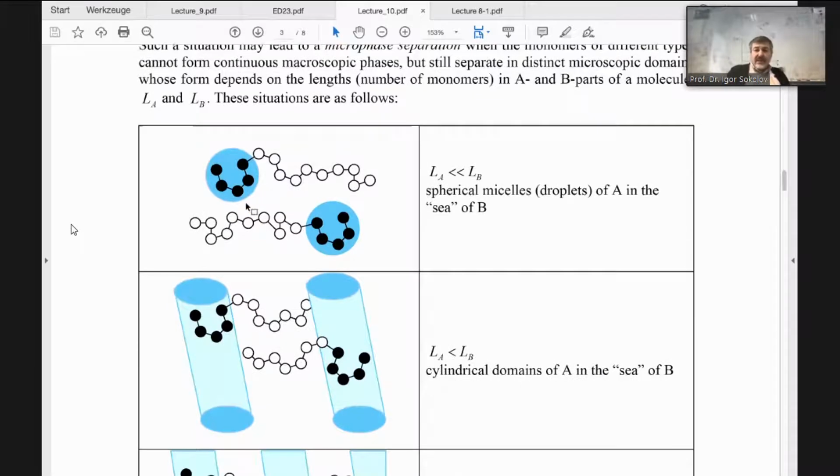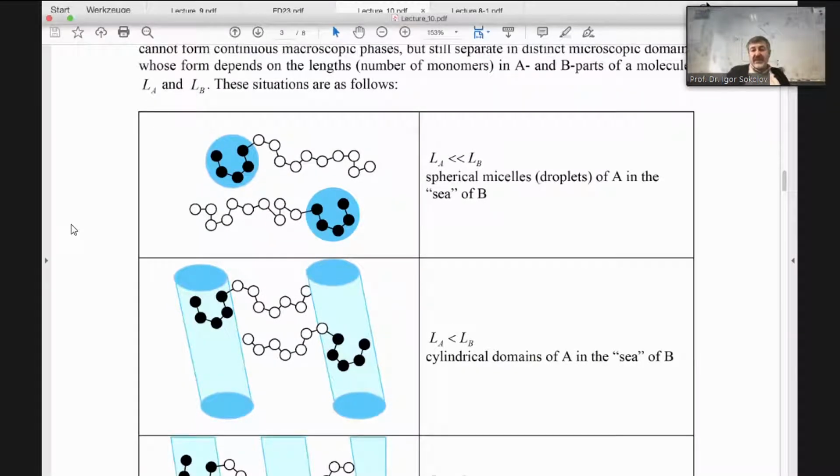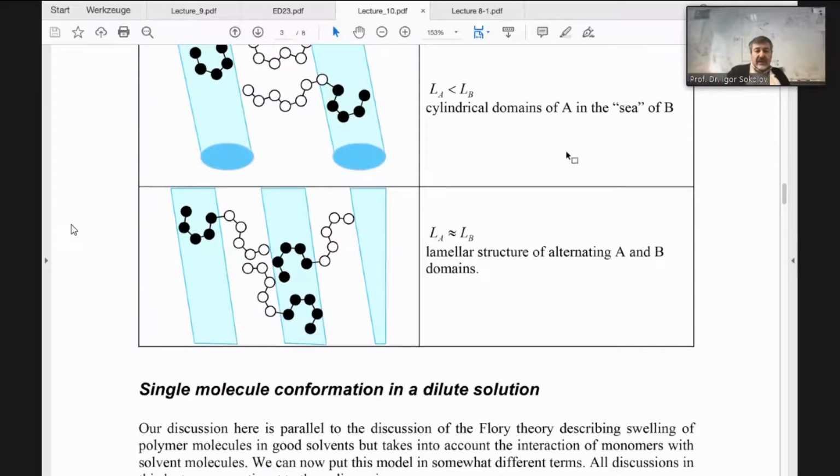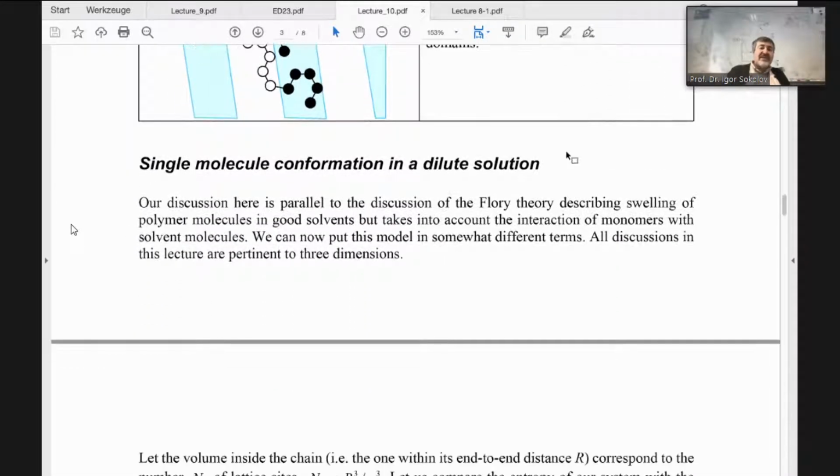Okay, so now we finished with the first part of this lecture, and we can go to the second part. And now we will discuss the behavior of single molecules in a dilute solution. Essentially, we will return to our Flory discussion of a self-avoiding chain and have a look.